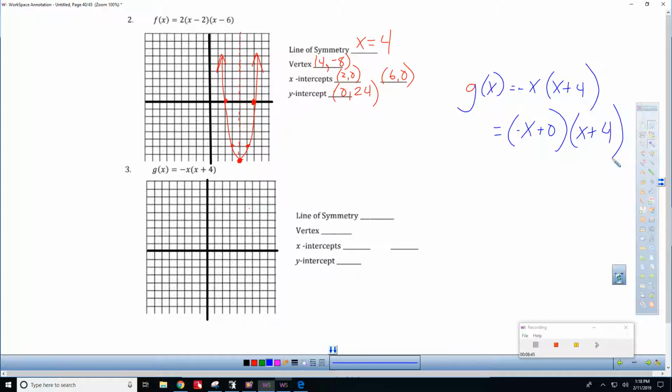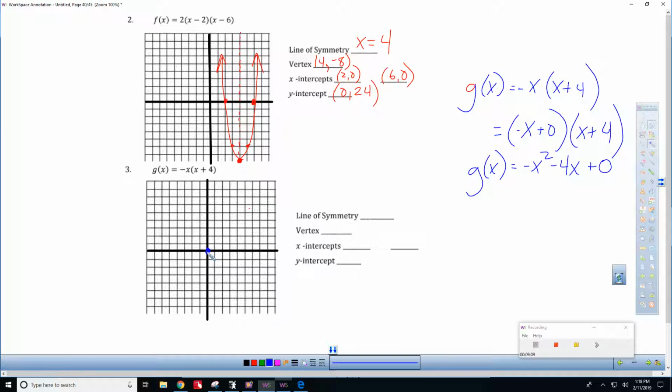It's the same thing, okay? So, let's see. You could distribute it. You could also say this is g of x equals negative x squared minus 4x. Okay, that helps, because this is a plus 0, right? So our y-intercept is going to be 0, 0.